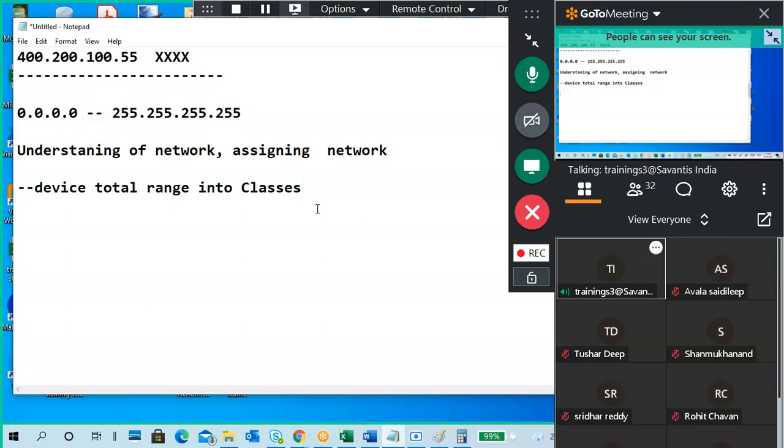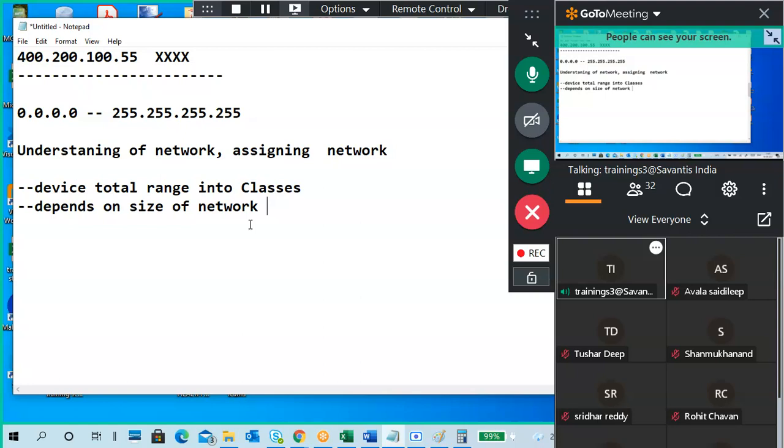I will tell one more example once I show you some more points. So why do we divide? Based on the division, it depends on the size of the network. One network may contain 10 PCs, 100 PCs, 200 PCs, maybe 1000 PCs, maybe 10,000 PCs, maybe 1 lakh PCs.